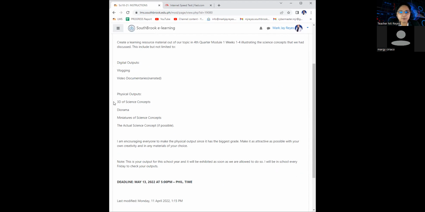Second is physical outputs: 3D models of science concepts, dioramas, miniatures of science concepts, the actual science concept if possible. I'm encouraging everyone to make the physical output since it has the biggest grade. Make it as attractive as possible with your own creativity, in any materials of your choice.